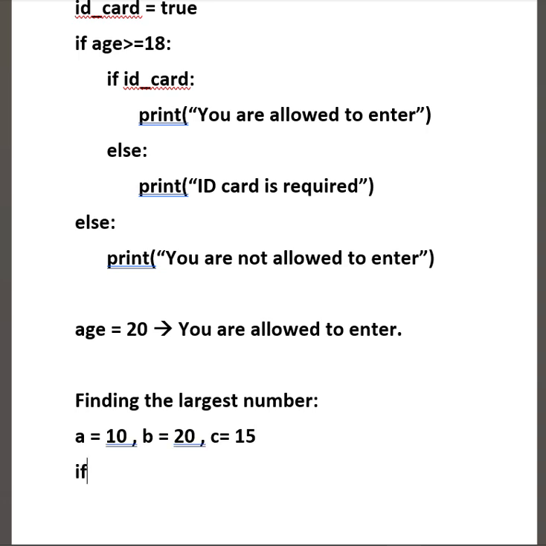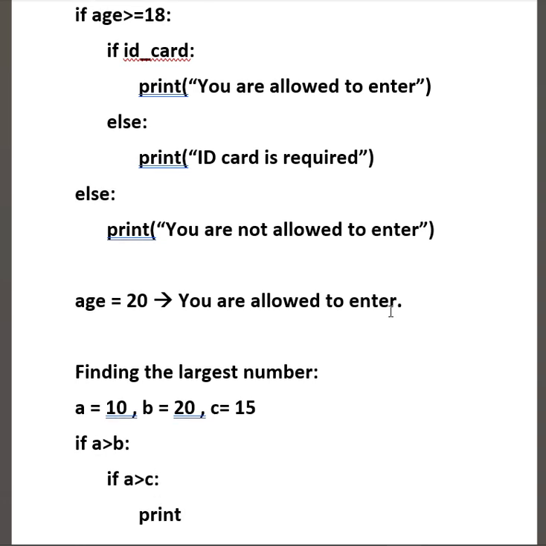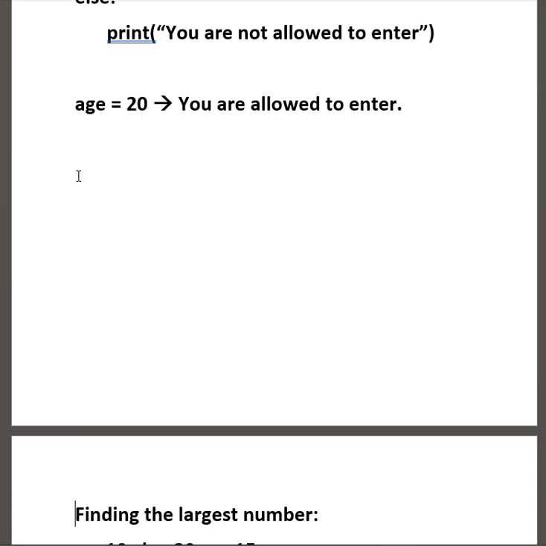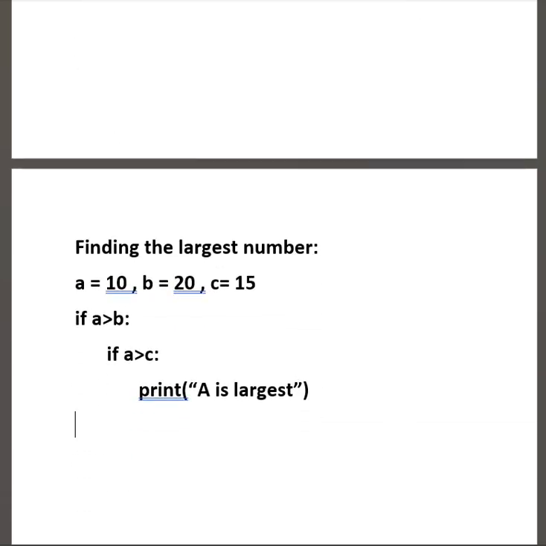So I'm going to first write if A is greater than B, and inside it if A is greater than C, print A is largest. Else print C is largest.